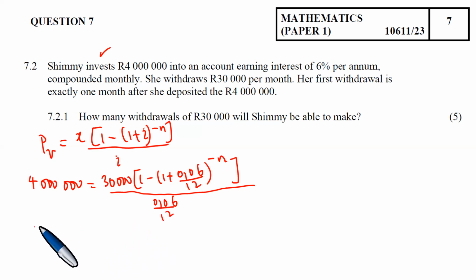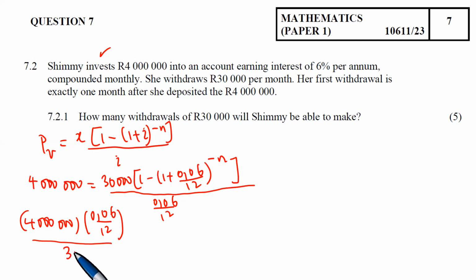So you cross multiply. This is 4 million multiplied by 0.06 divided by 12, and it is divided by 30,000.